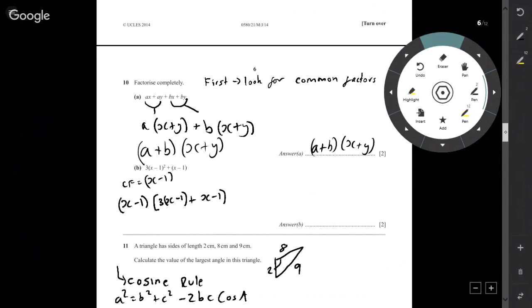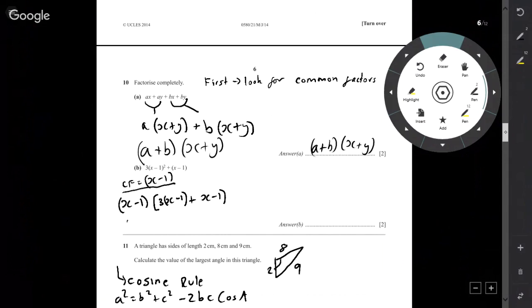Same again here, common factors. You can see in this, they both have x minus 1. So that's going to be our common factor, x minus 1. So we take x minus 1 out of both. I've used a square bracket here just because it's a little bit easier to separate these things. So square brackets, 3 x minus 1 plus x minus 1. The next thing is we're going to just expand this.